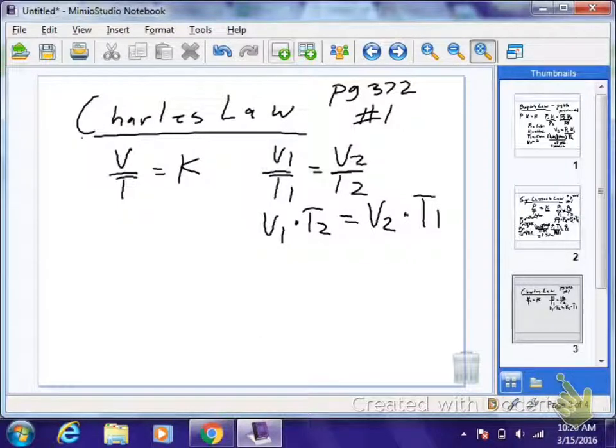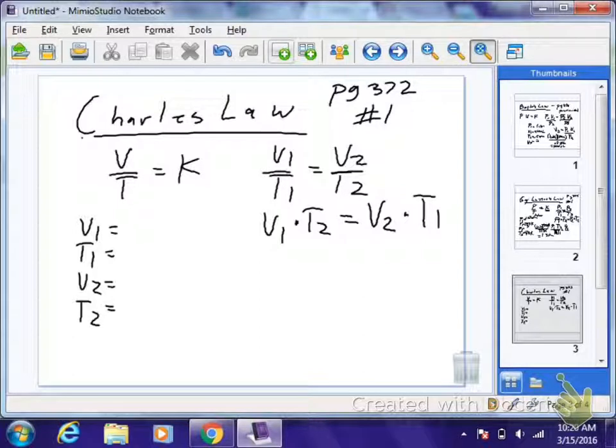So the problem we'll do is number one, page 372, which is the prior page. We're looking at a sample of gas. It has a volume of 752, so over here we'll go V1, T1, V2, T2. Usually they'll put the volume and temperature together, and the final volume and temperature together, and then they'll tell you which one you have to solve for.